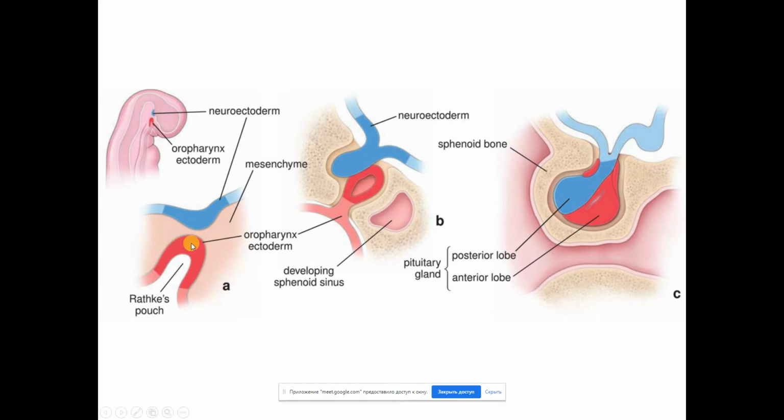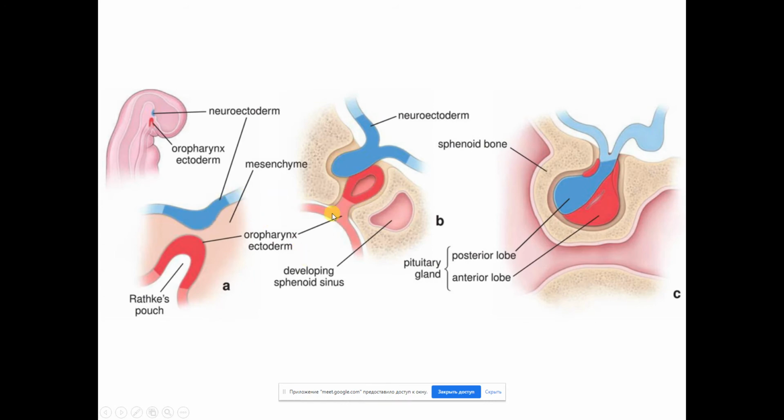This Rathke's pouch is our future adenohypophysis. From the other side, an outgrowth of neuroectoderm goes, and this is the future neurohypophysis, the neural origin of the pituitary gland.